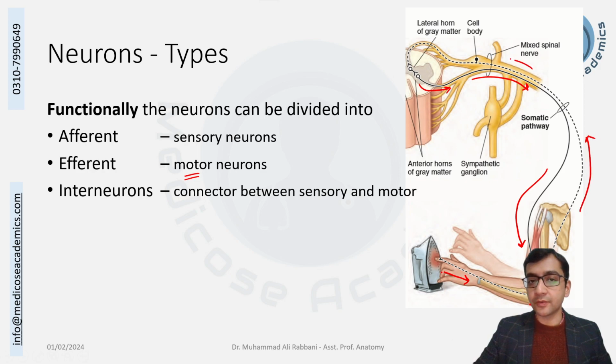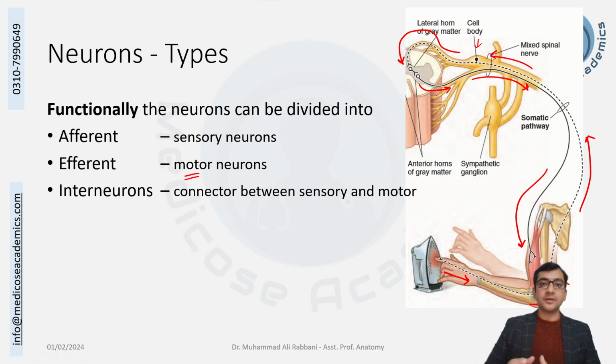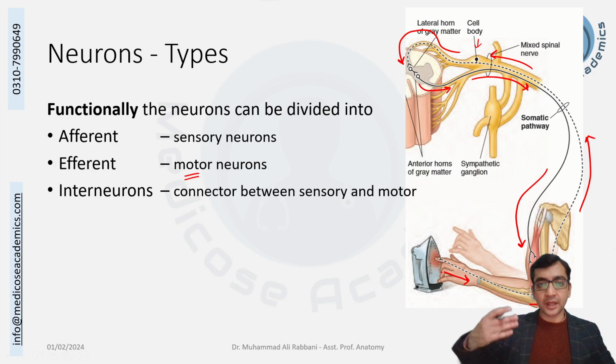As you can see, it's usually pseudo-unipolar in the spinal nerve, and it enters the central nervous system. These afferent and efferent nerves are present, at least their processes, outside the central nervous system. If it is carrying impulse away from the center it's efferent, and if it is carrying it towards the central nervous system it's afferent.